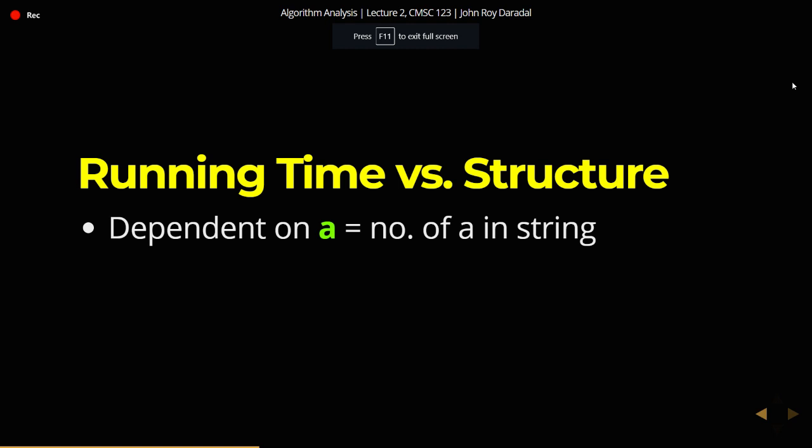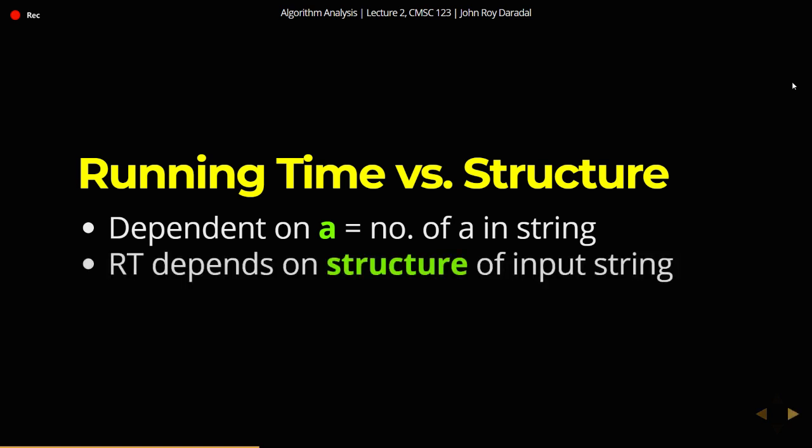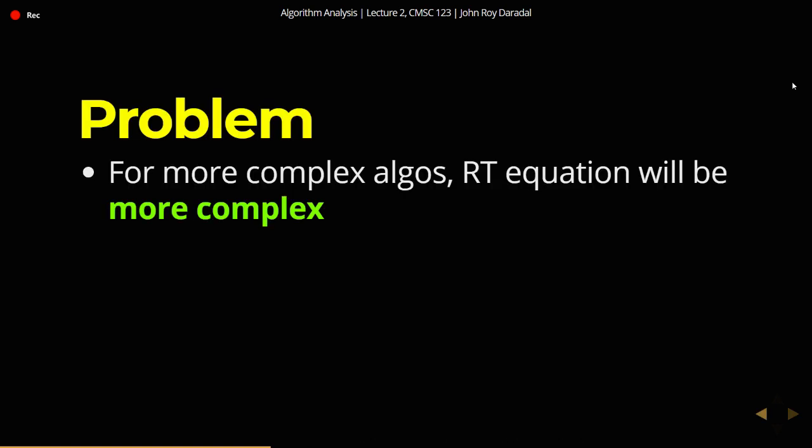You'll notice that the running time is actually dependent on A, which is the number of A's in the string. This is what we mean when we say that the running time is dependent on the input structure. However, this becomes problematic because for more complex algorithms, the running time equation will be even more complicated.